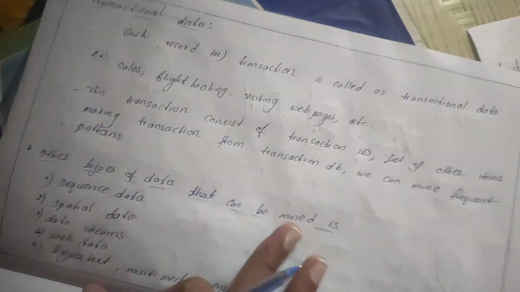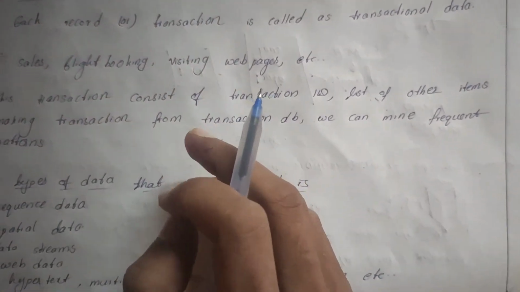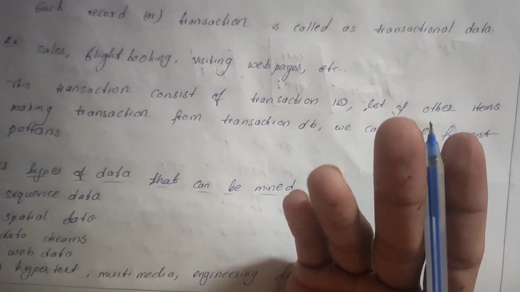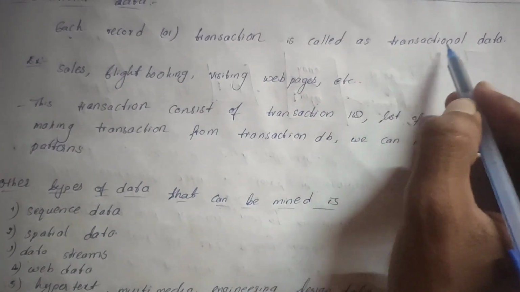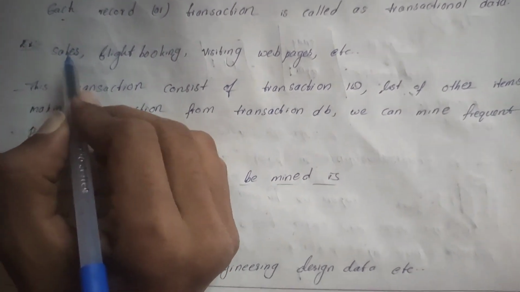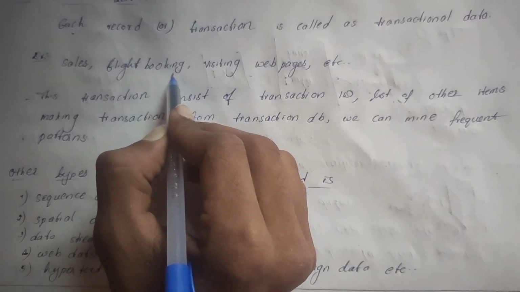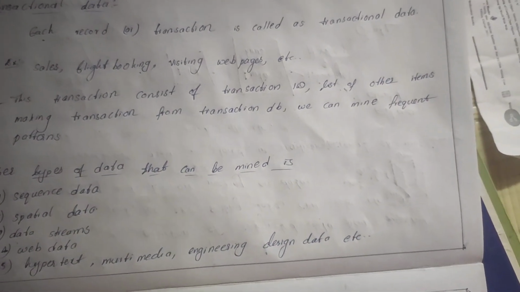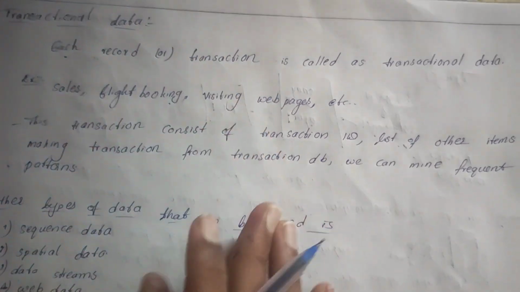Next, transactional data. Any transaction or any record is called transactional data. For example, sales, marketing sales, flight bookings, railway bookings, bus tickets, and visiting web pages, how many times we visit web pages, etc. All of these come under transactional data.